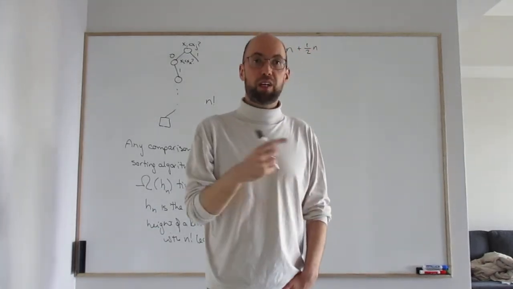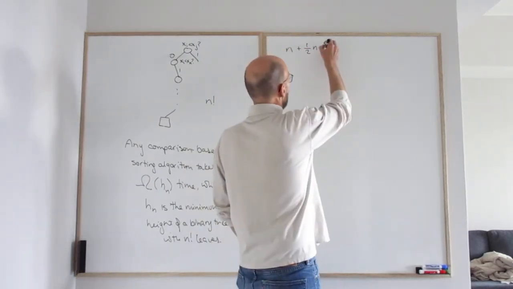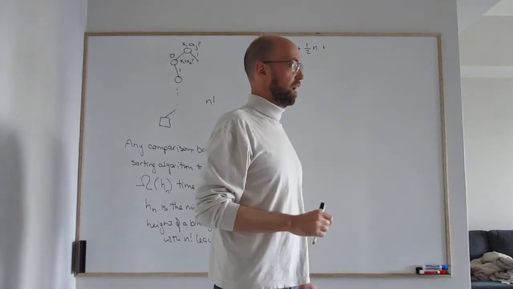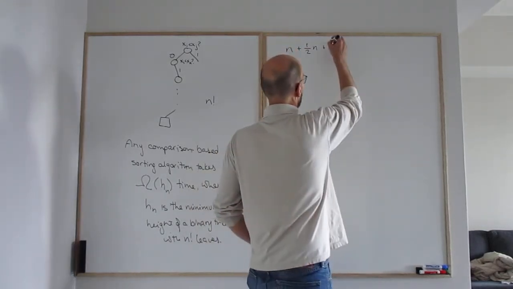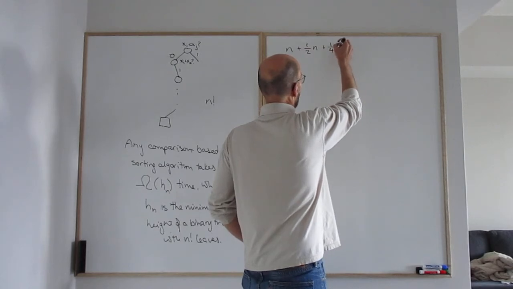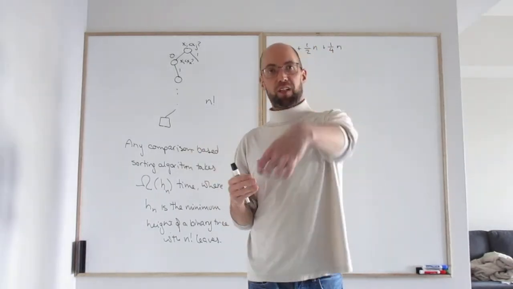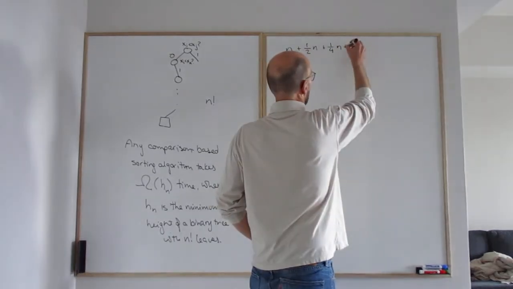I choose another pivot and I repeat. And then maybe my first pivot is a failure, and my second pivot is also a failure. That's with probability a quarter. And then I have to pick another pivot and split.